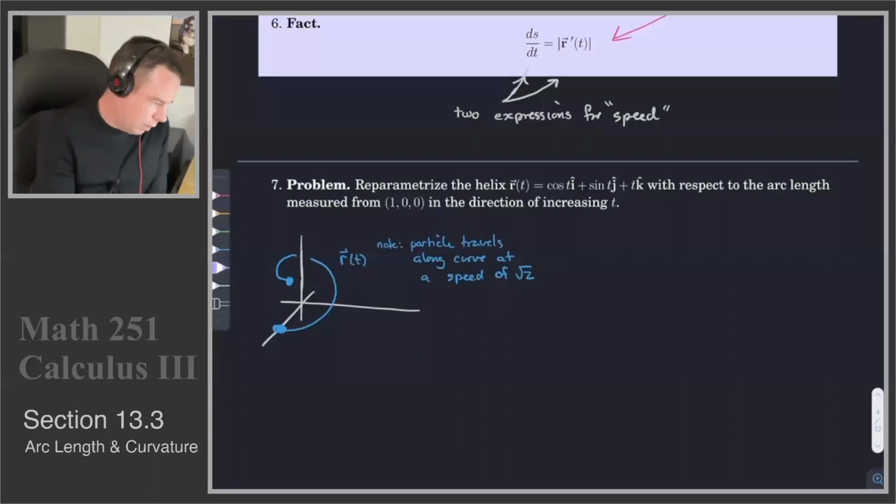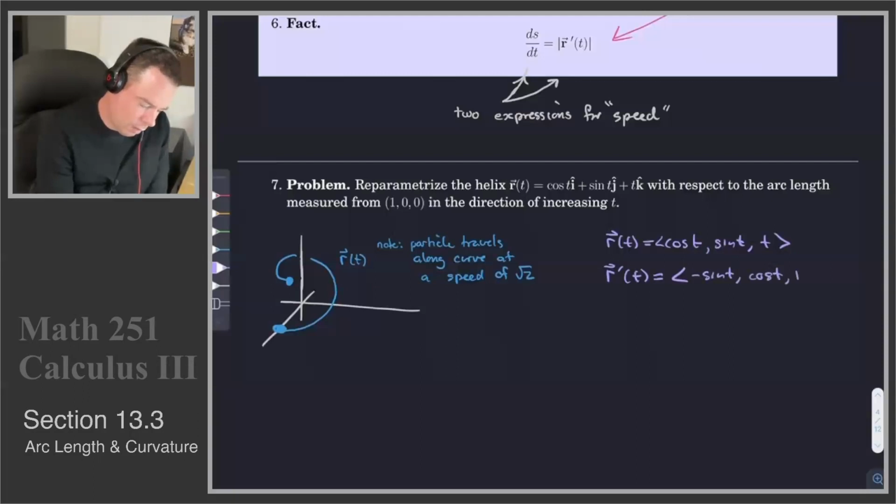So the way we're going to do this is we're going to start with our r of t, which is cos of t, sine of t, and t. We'll take its derivative, because this is going to be a measure of how fast we're actually moving along the curve. So that's negative sine of t, cos of t, and 1.